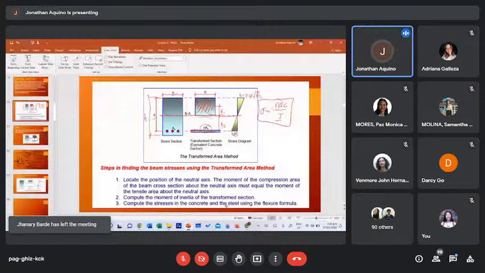The only difference is that here we only compute the moment of inertia, unlike before where we computed the internal couple, or the internal moment capacity of the section. The result should be the same. Okay? So let's try to solve considering the transform area method.